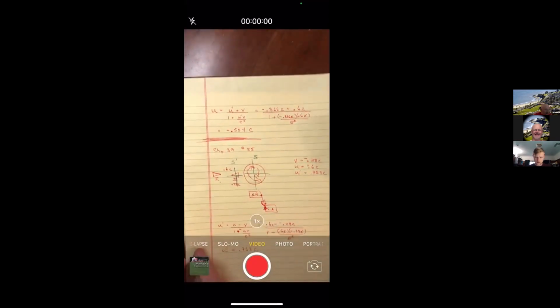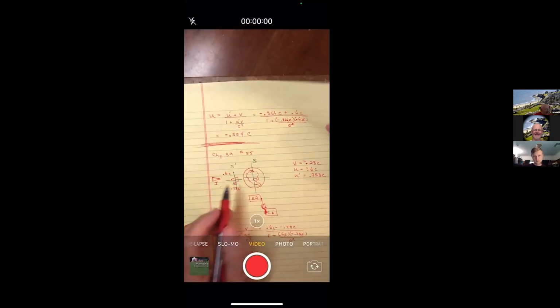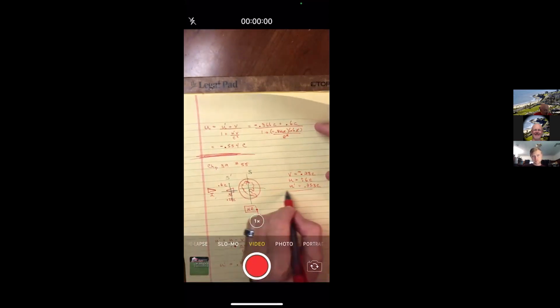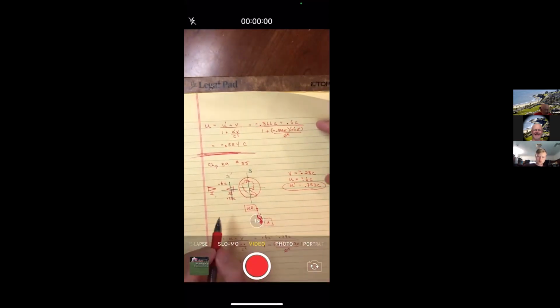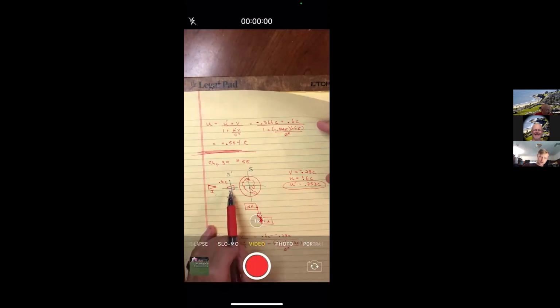Coming back to what we did on page 1, that is what we called the u prime, the speed of the professors. Well, I guess it's the speed of the students' spaceship as seen by the professors.